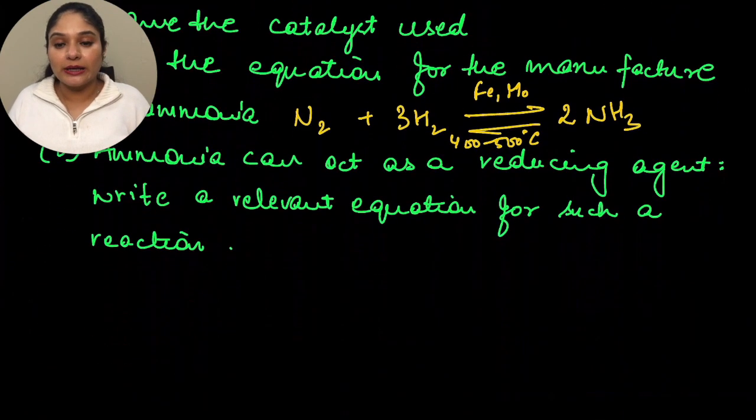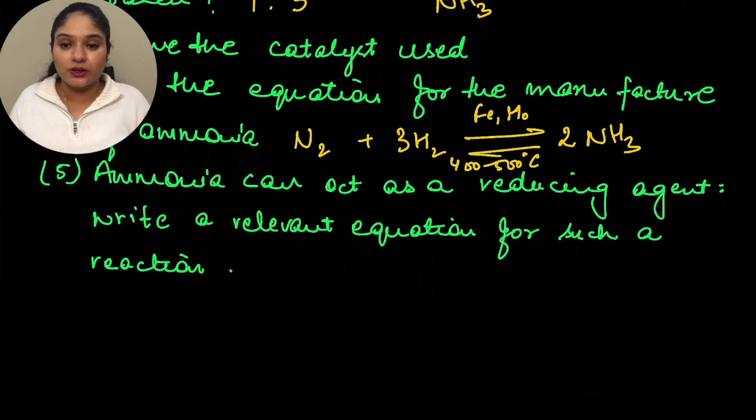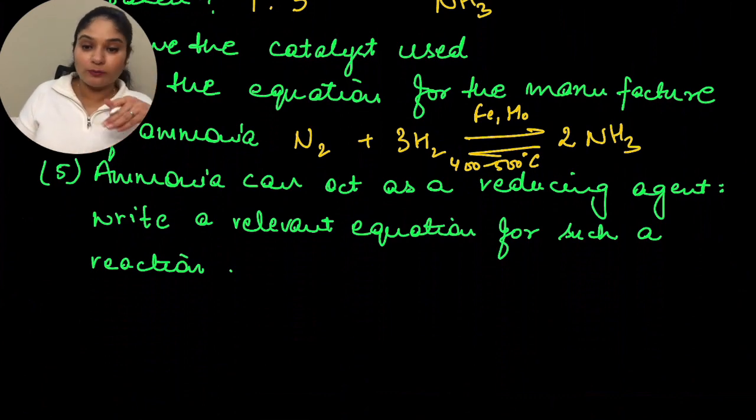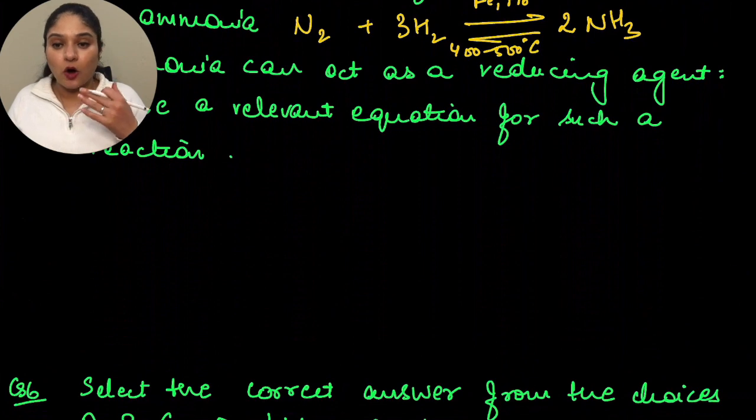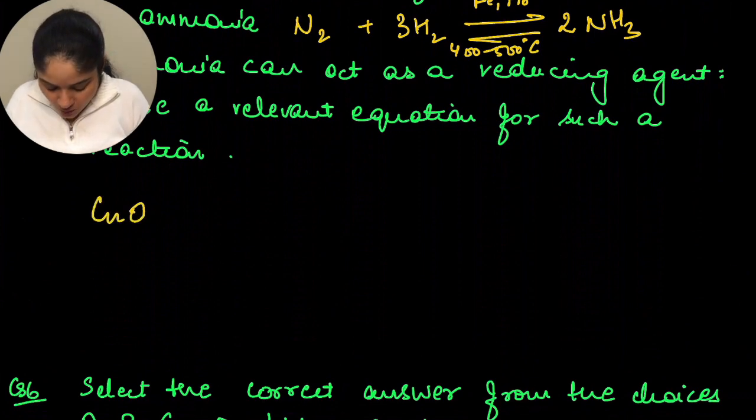Let's move ahead to the next question. Ammonia can act as a reducing agent. Write a relevant equation for such a reaction. You can use any of them if you remember the reducing agent equation from this particular chapter. That is with copper oxide. So CuO plus ammonia.